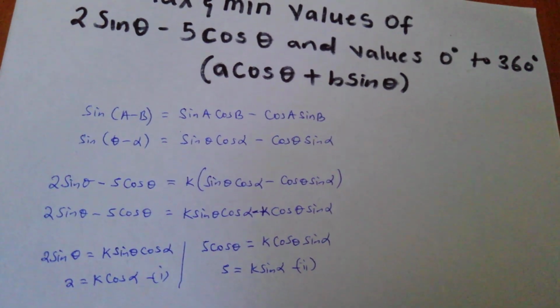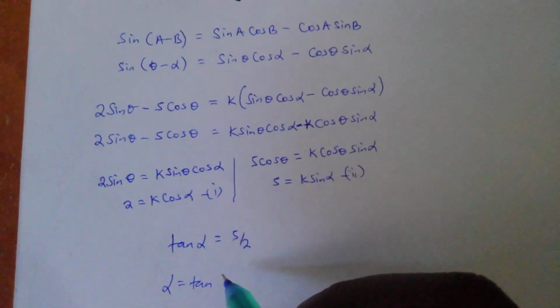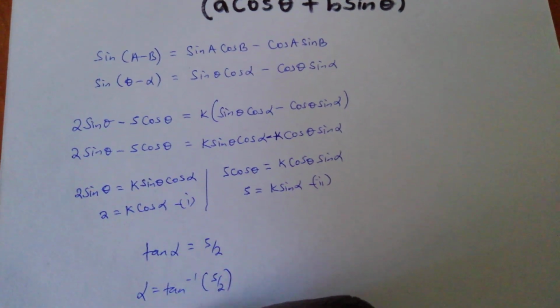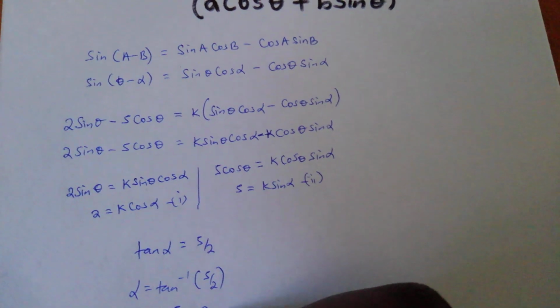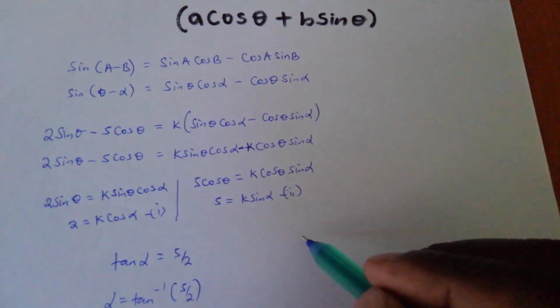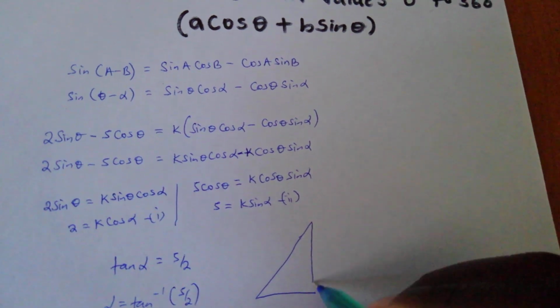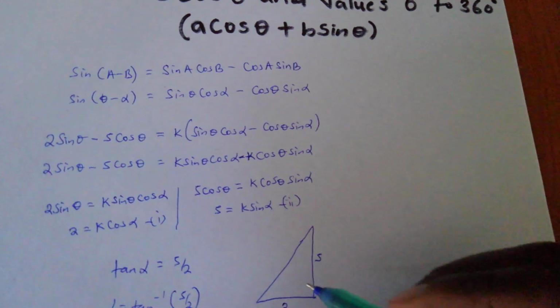Now getting alpha, I'll use arctan of 5 over 2, which will give me alpha as 68.20 degrees. Again, using Pythagoras theorem, you know tan is opposite over adjacent. This is 5, this is 2.